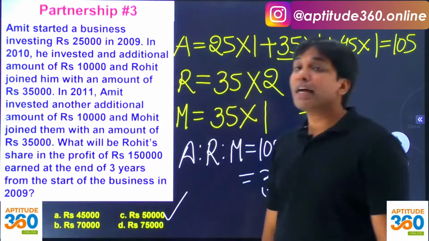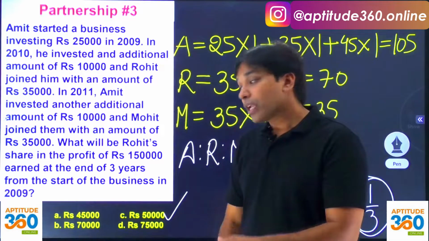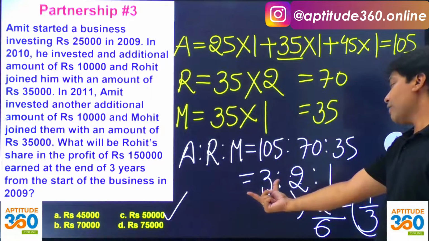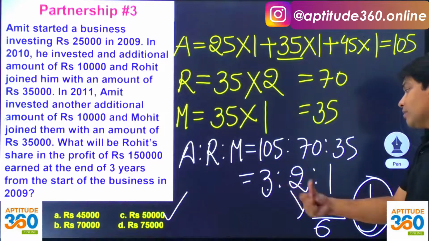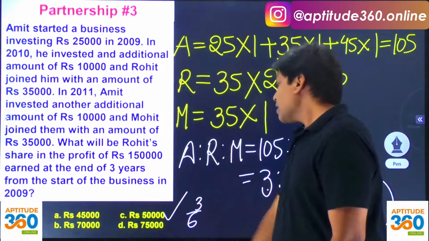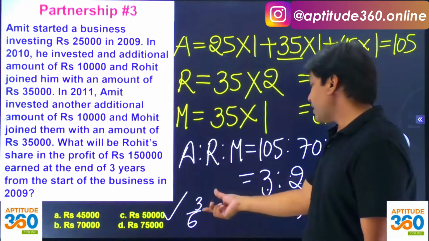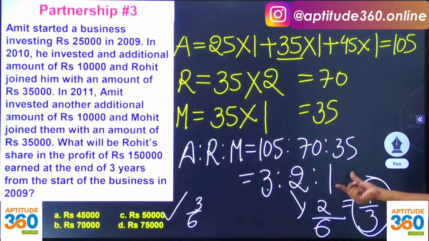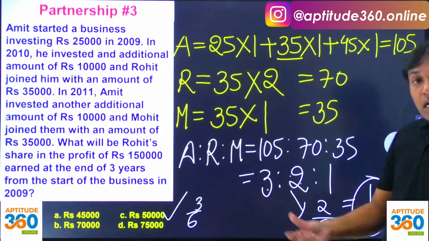So the profit that Rohit must get is 50,000 rupees. How much Amit should be getting? 3 divided by 6, so Amit should be getting 75,000 rupees. Rohit should be getting 50,000 rupees, and Mohit should be getting 25,000 rupees.